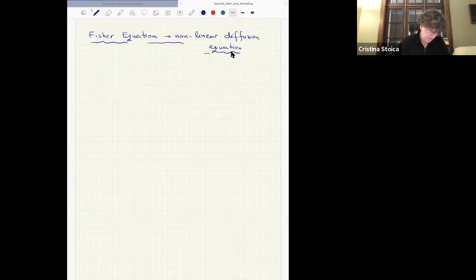It has the following form, so it is a PDE. The question is, find the function phi that depends on position and time, and this is nothing else but the concentration of a substance in a chemistry experiment or something.